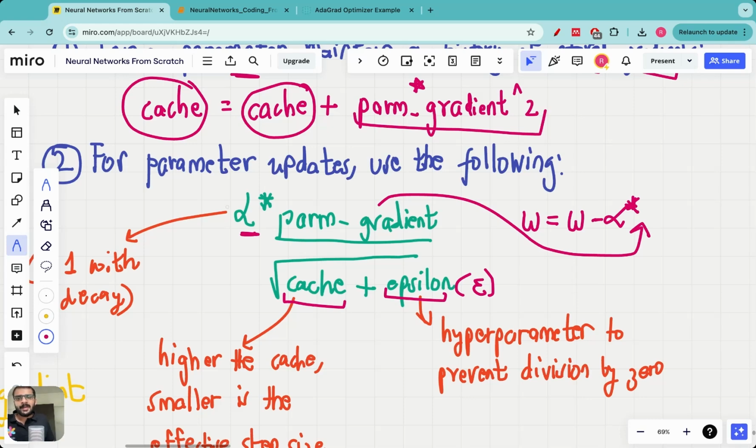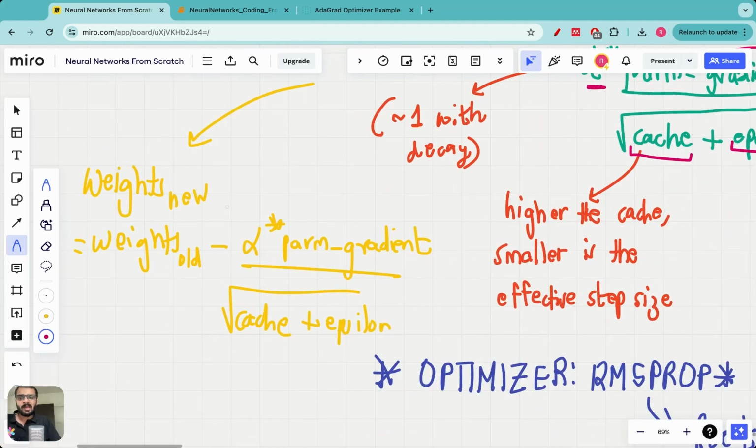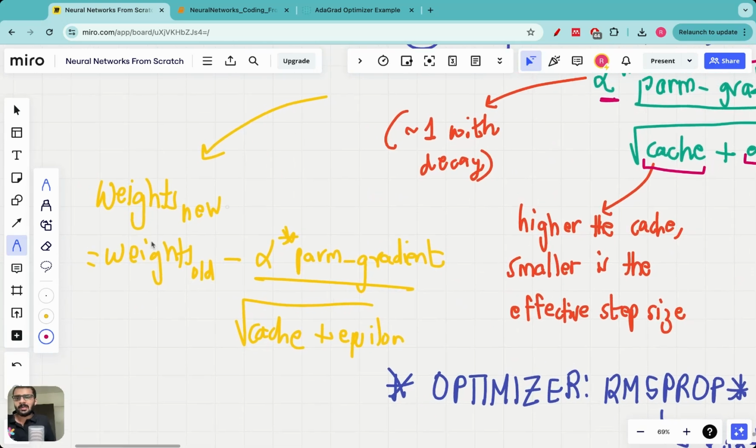So we are going to update the weight values by this particular formula. When we write it in practice, it will look like the new weights will be equal to the old weights minus alpha times the parameter gradient divided by square root of cache plus epsilon.